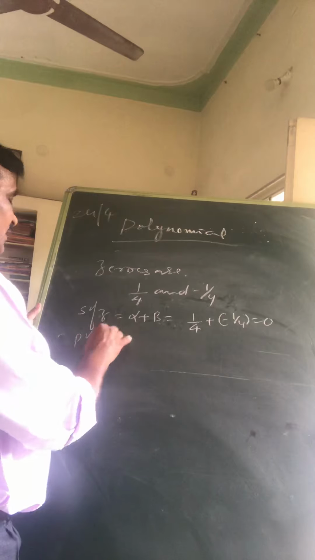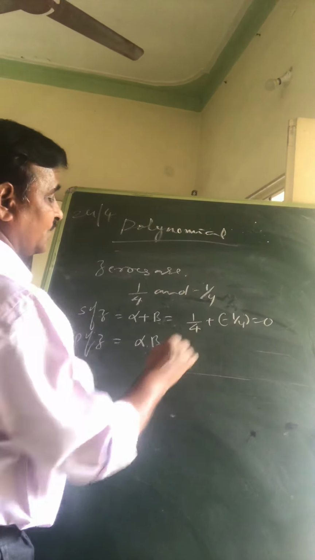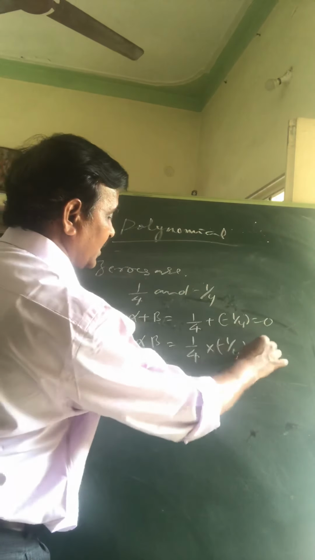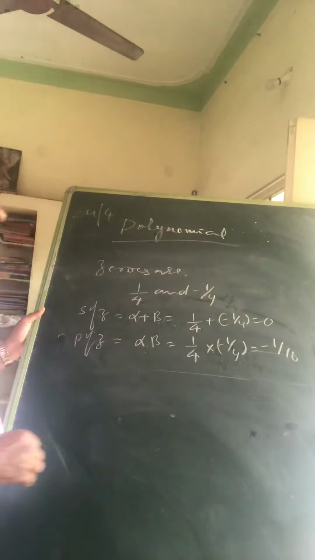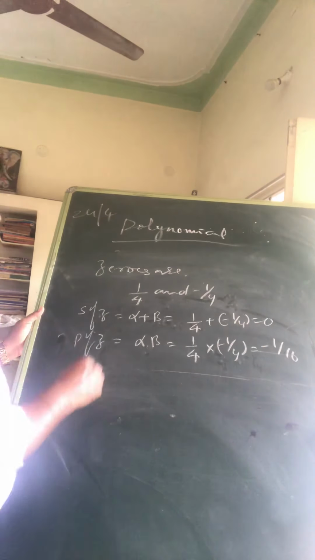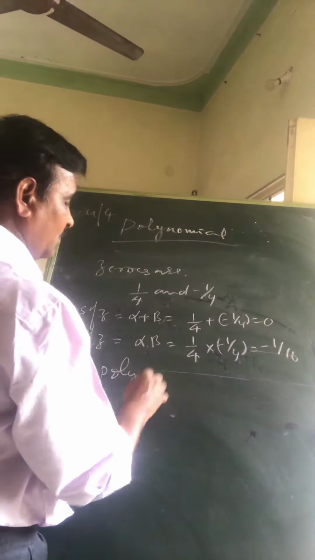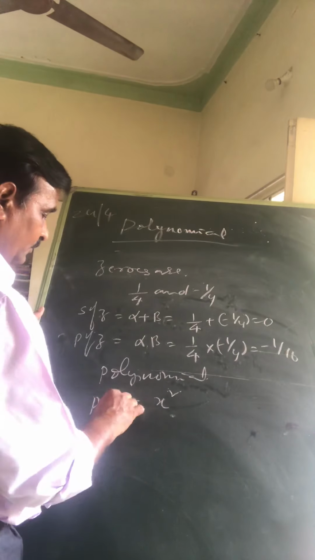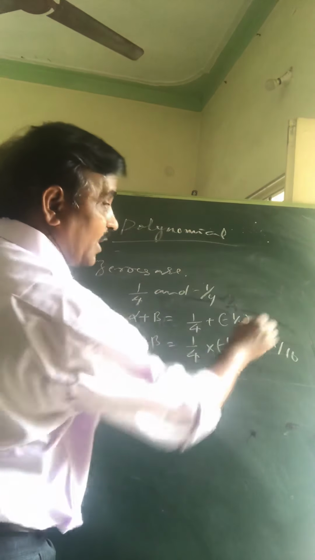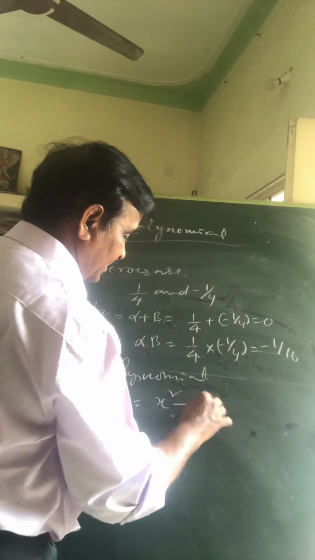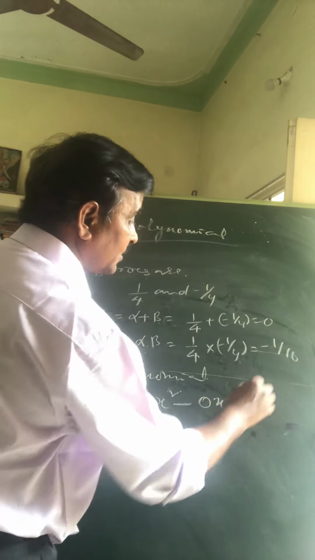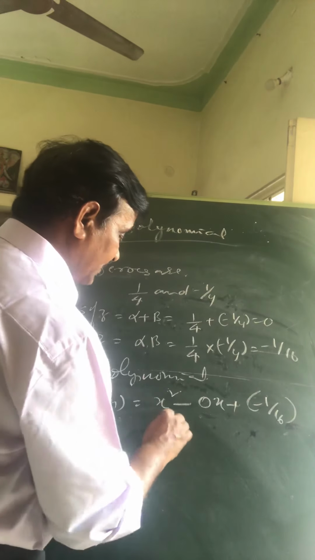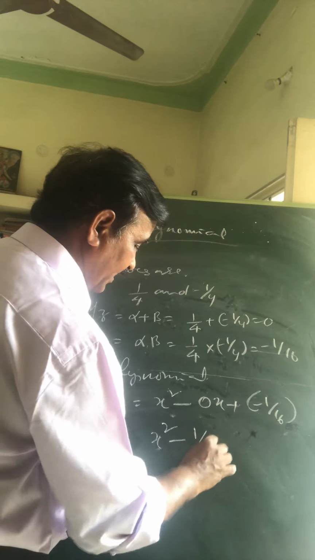And the product of zeros, alpha beta, is 1 by 4 into minus 1 by 4, which is minus 1 by 16. Okay. Now the polynomial is x square minus sum of zeros times x, that is minus 0x, plus minus 1 by 16. That we can write as x square minus 1 by 16.